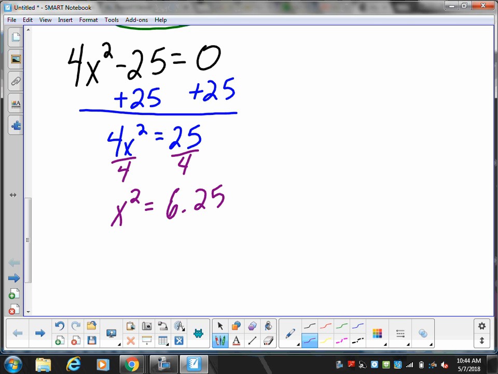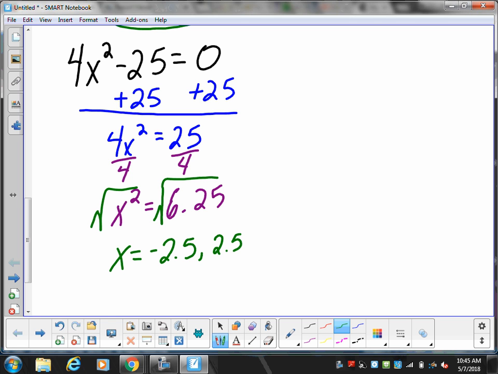I'd have left it as 25 over 4. It'd just be one less step for me. At this point, take the square root of both sides. So x equals what? What does x equal? So negative 2.5 and positive 2.5.